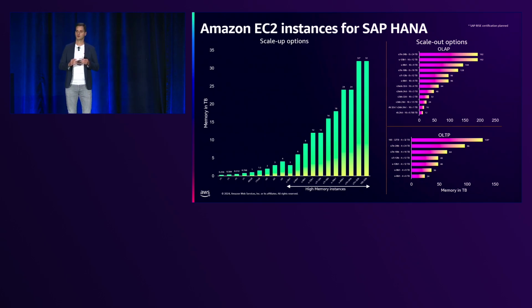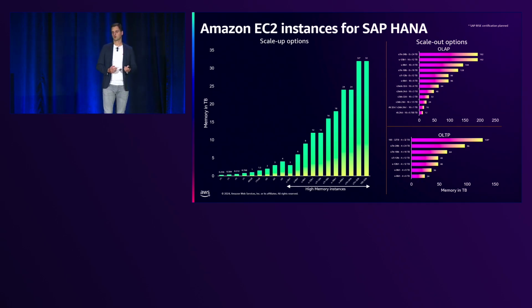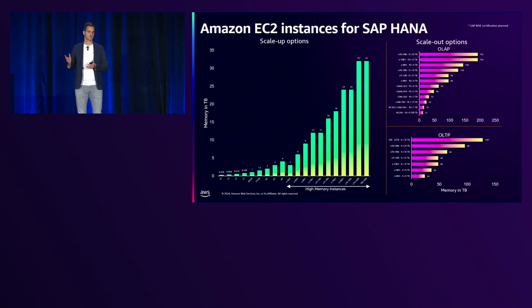So this gives you the scale, either very small instance sizes or up to 192 terabytes. Selecting the instance size for BW scale-out is crucial, because usually it's a trade-off decision between fewer nodes in your scale-out configuration or smaller node sizes to increase granularity when you add a node to your cluster.